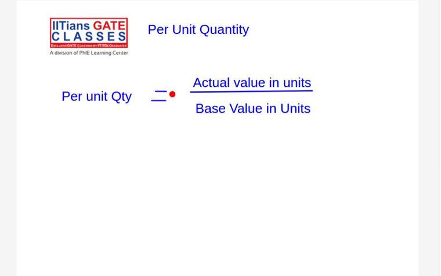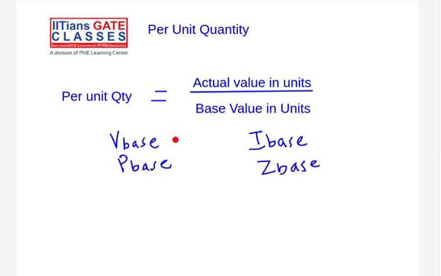We know that per unit quantity is the actual value in units divided by the base value or reference value in the same units. In the last class, I think Dharani was not there, so just for your sake, I'm doing a quick recap. We will select a voltage base and a power base, and based on those two values, we can calculate the current base and the base impedance.